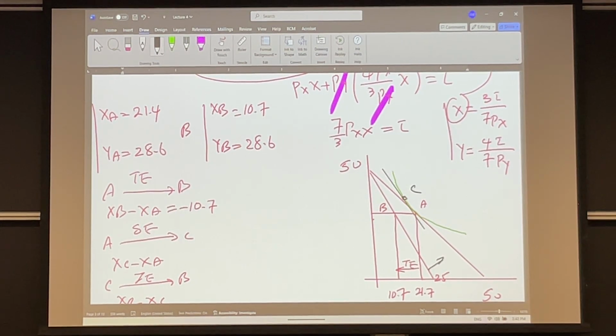Now you can say A to C is the substitution effect, but you need to find point C. Point C gives you the same satisfaction as A. That's what you can see there, right?